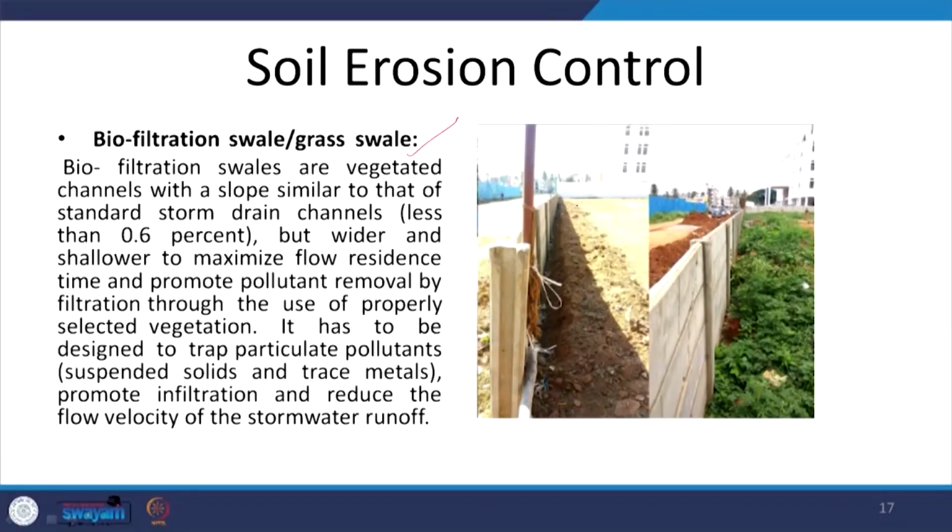So this is an example where they have just created a trench, a kind of depressed channel, and gradually the vegetation has come up. Now the roots of the vegetation, the plants which come up in this swale, they keep the earth porous and they help the water to percolate down and to retain the soil. So it helps both in stormwater management as well as the soil erosion control. So it is a strategy.